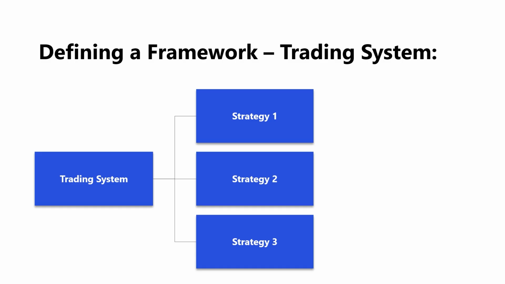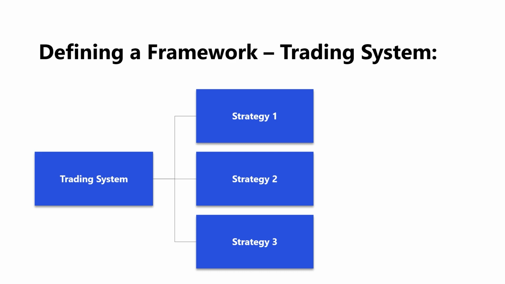Alrighty, so here comes the fun part. It's really easy to say we're going to build a trading system. It's a whole different thing to actually build it and define a framework. And so when we think about a trading system, it really helps if we break it down into different components. Probably the highest level we can start at is the trading system itself.